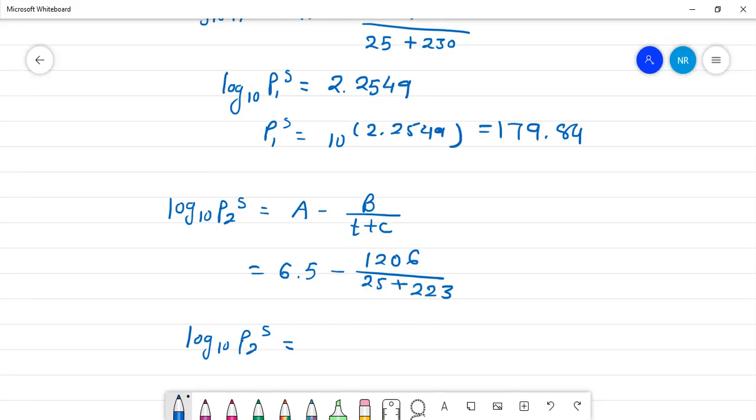So what is the value of log P2 saturation? Thank you very much, Deepak.